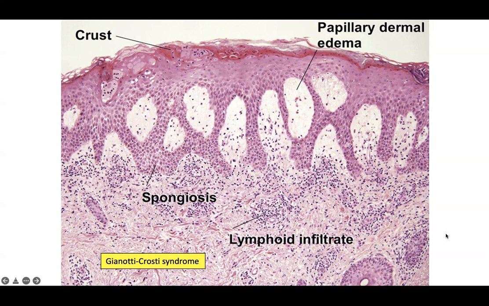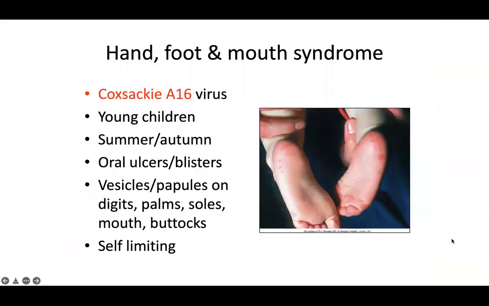Again, this is not something you're going to diagnose just by looking at the slide, but with clinical correlation, especially if the clinician said rule out Gianotti-Crosti versus Langerhans cell histiocytosis versus something else, then you could say it's consistent with Gianotti-Crosti given this inflammatory pattern. Again, a clinical history of a recent viral infection, the distribution of the papules on the limbs and the face, sparing the trunk, coupled with this, you'd be able to say Gianotti-Crosti.